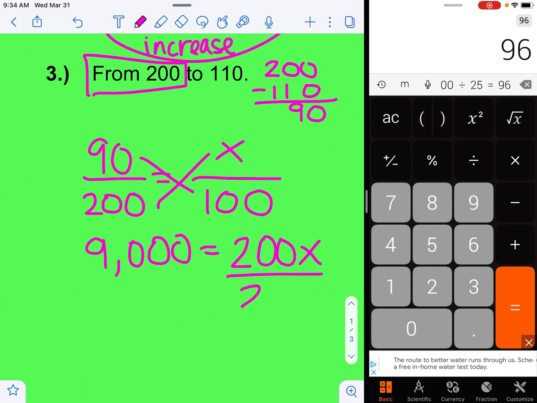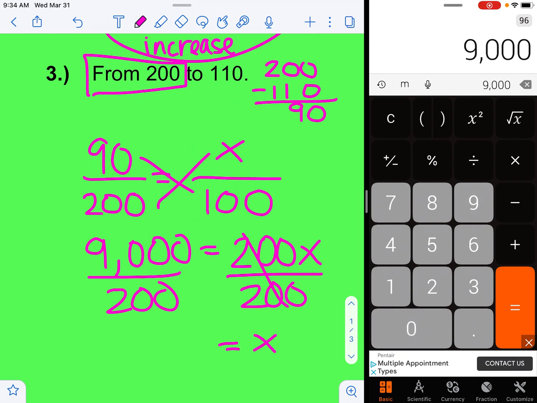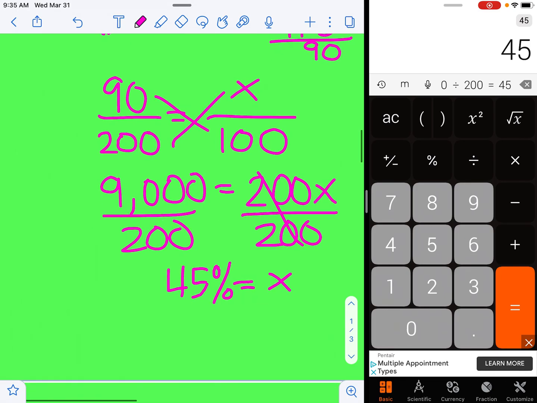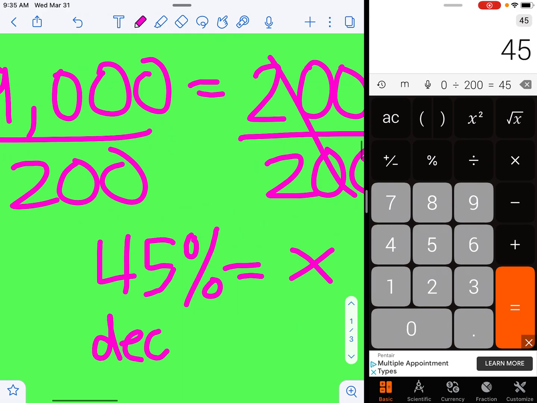Then we need to divide both sides by 200. So we get x. 9,000 divided by 200 is 45. And again, we're talking about a percent. Now it went from 200 to 110, so that got smaller. So this was a 45% decrease.